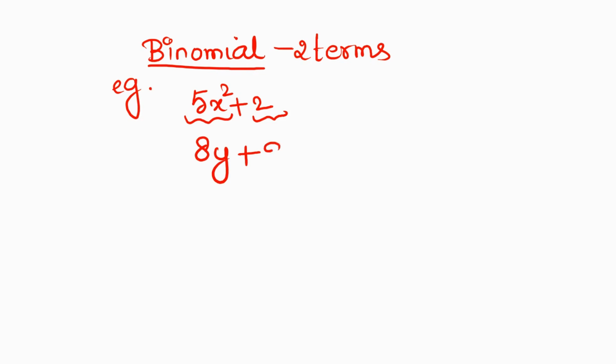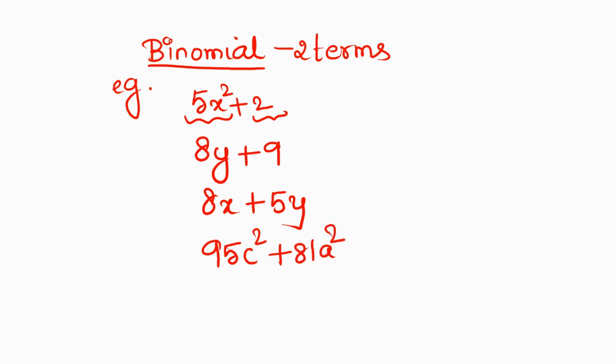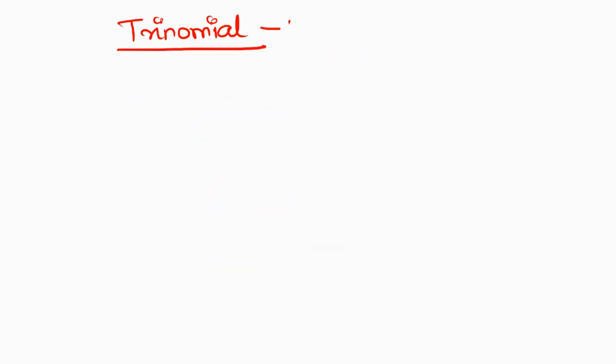These two are connected with the plus sign. 8y plus 9. Here 8y is one term and 9 is another term. Next 8x plus 5y. Here 8x is one term, 5y is another term. Next 95c square plus 81a square. These are two different terms.